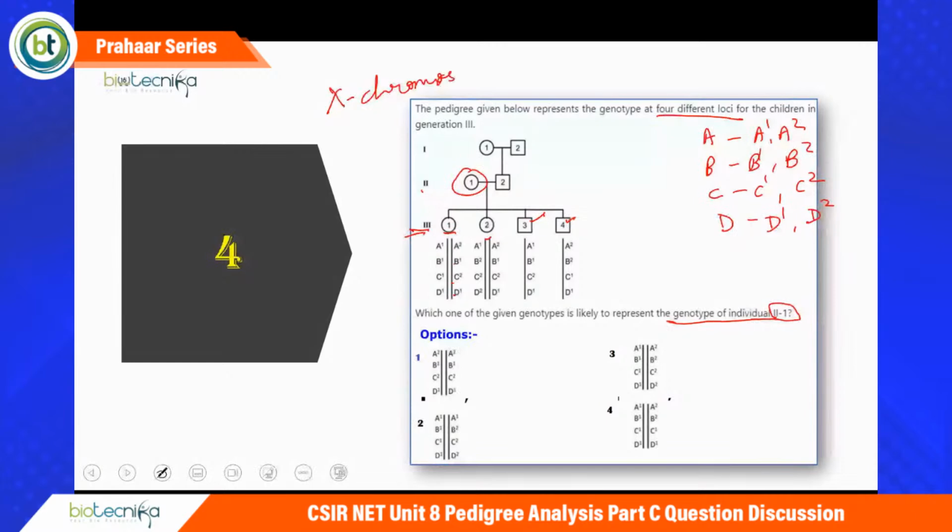Now if it is X linked, the males, from where do they get their X chromosome? Males will never receive their X chromosome from their father. They will always receive the Y chromosome.